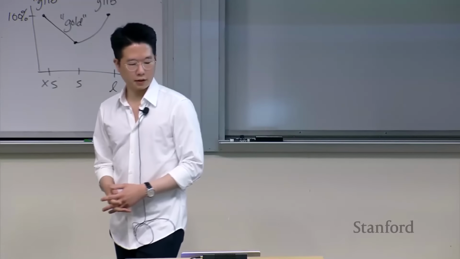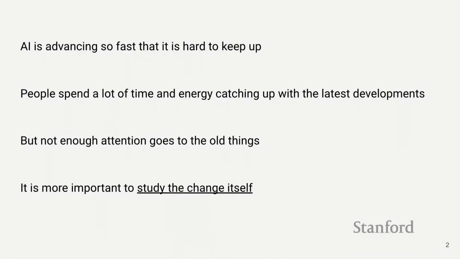Everyone is saying AI is advancing so fast that it's so hard to keep up. It doesn't matter if you have years of experience, so many things are coming out every week that it's just hard to keep up. I see many people spend a lot of time and energy catching up with the latest development, the cutting edge and the newest thing, and then not enough attention goes into old things because they become deprecated and no longer relevant.